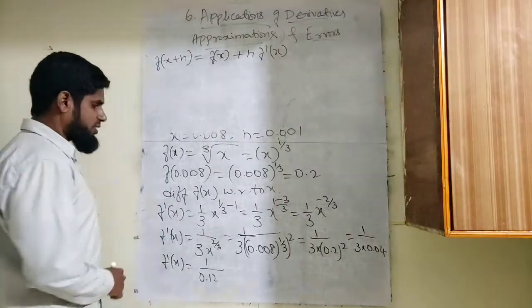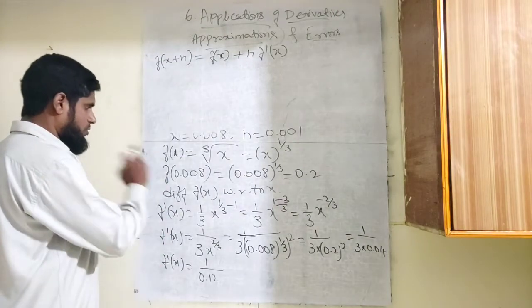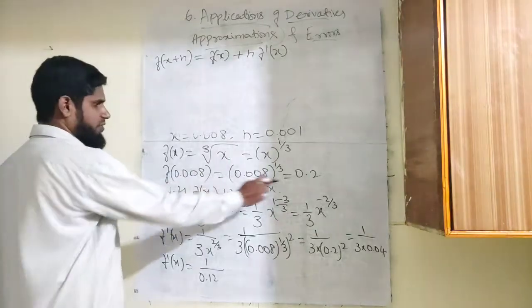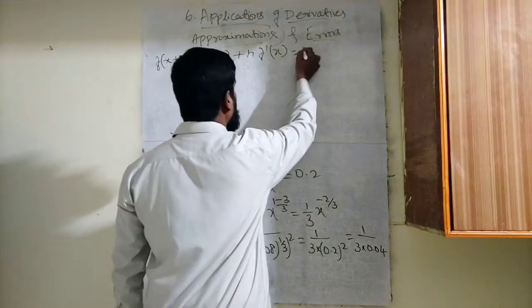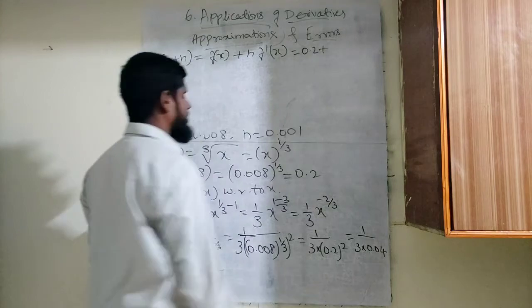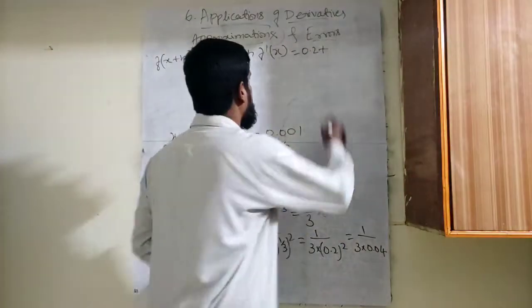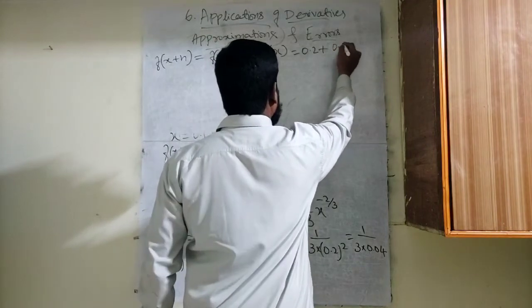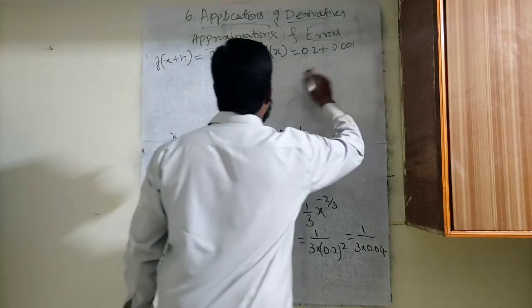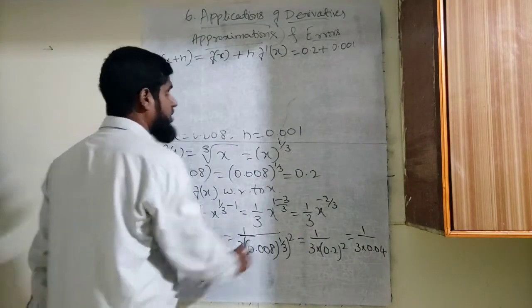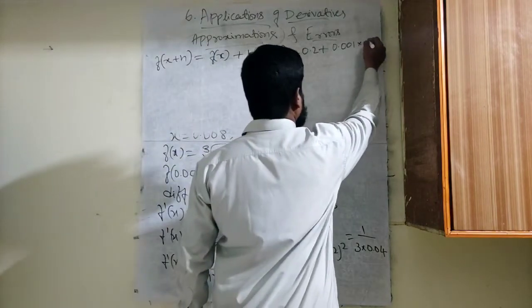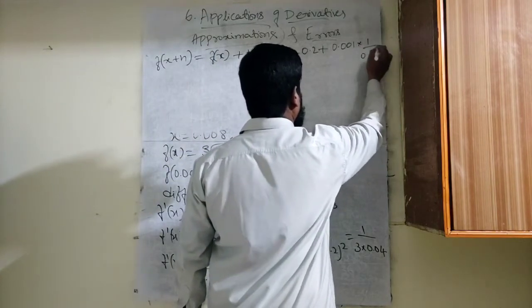In this formula, what is f of x? At x is equal to 0.08, our f of x is 0.2. Plus h is how much? h is 0.001. What is f dash of x? f dash of x is 1 by 0.12.